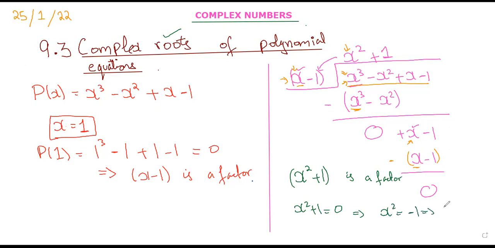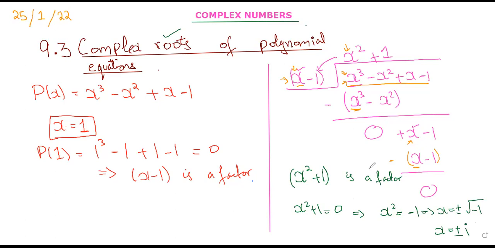This implies x equals plus minus under root minus 1, which is i. Very good. x equals plus minus i. This is what we are getting. So are you clear with this? Are you clear with the long division as well? You can ask me this as well. All right. So this is how we find complex roots.